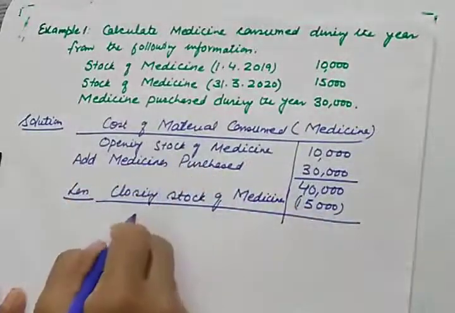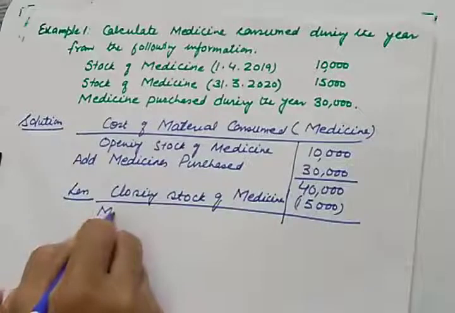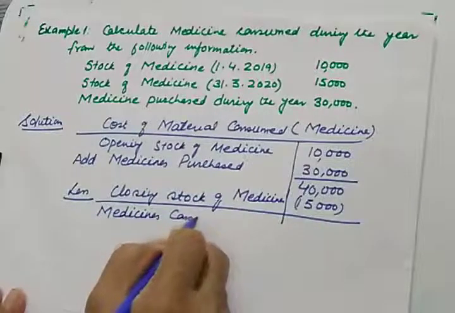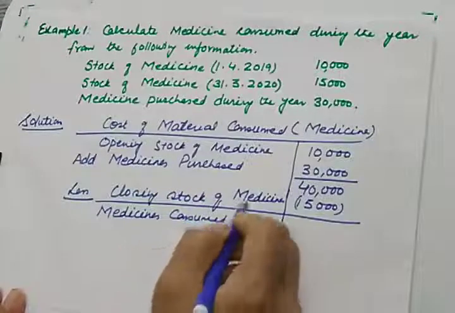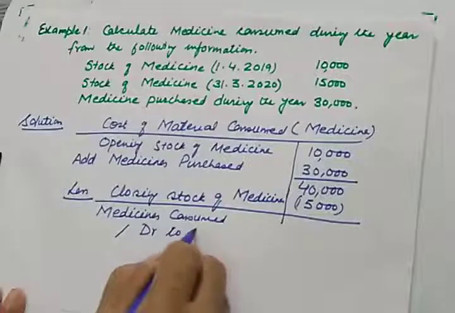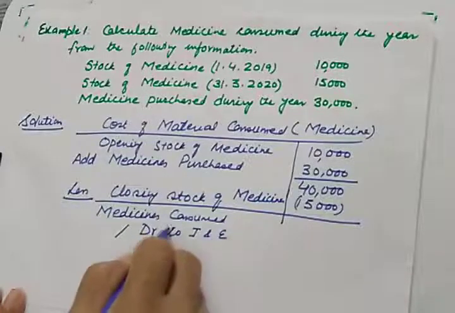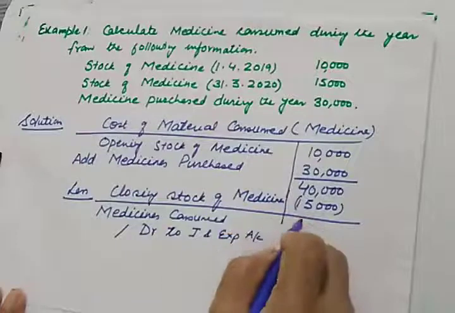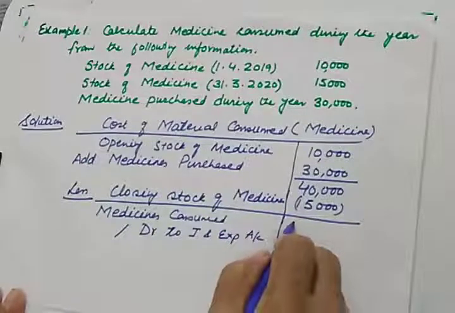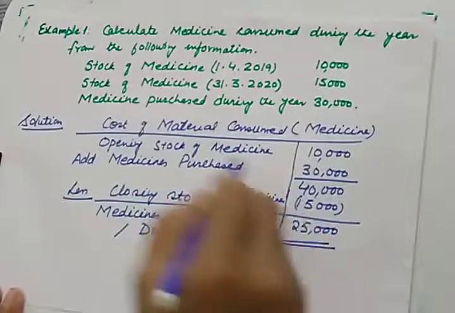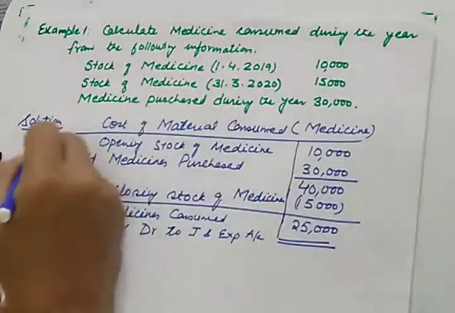After that you will get medicines consumed during the year, which is to be debited to income and expenditure account. So medicine consumed will be 25,000. So this is how it is to be calculated, and this was method 1.